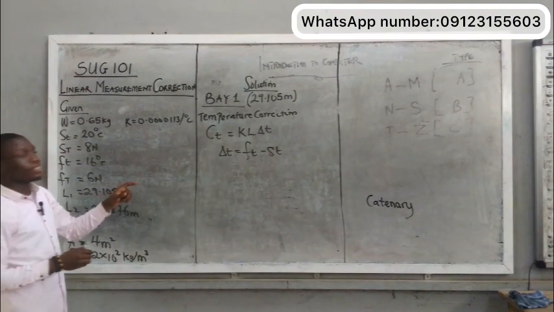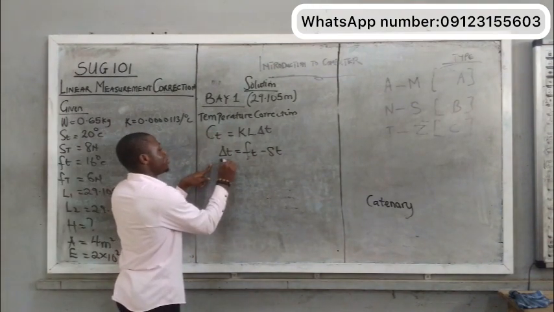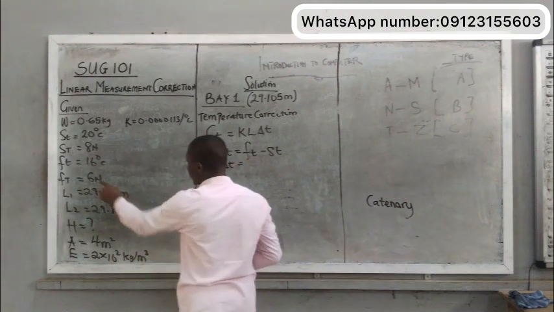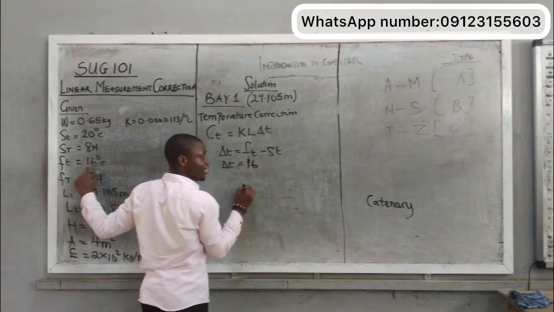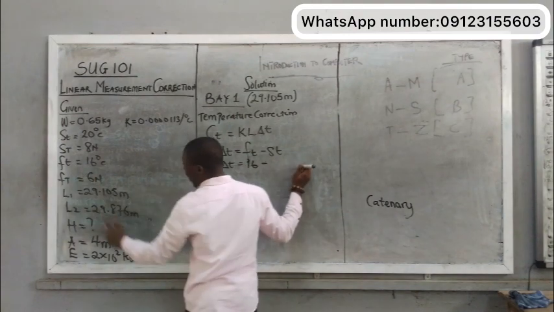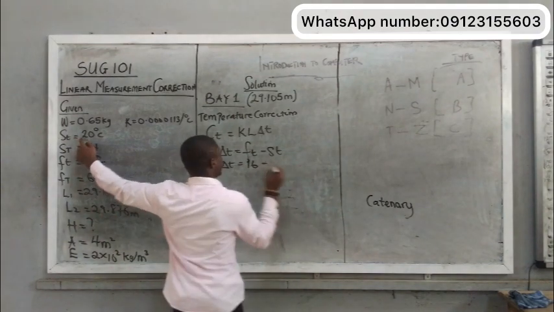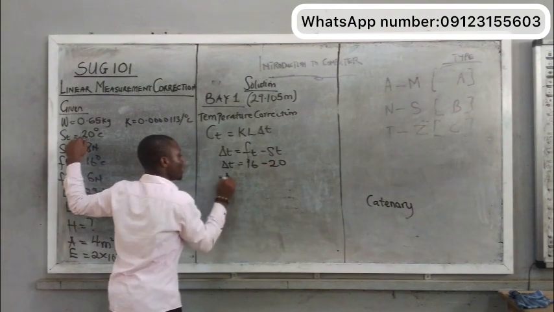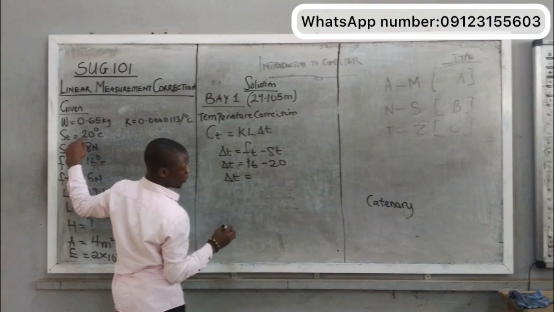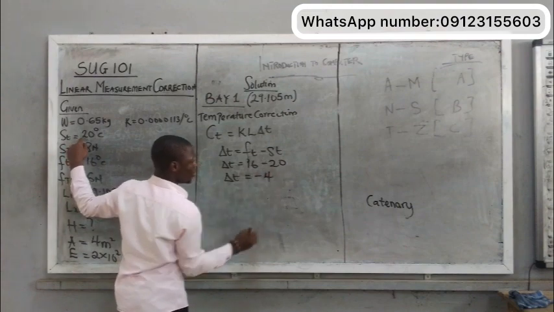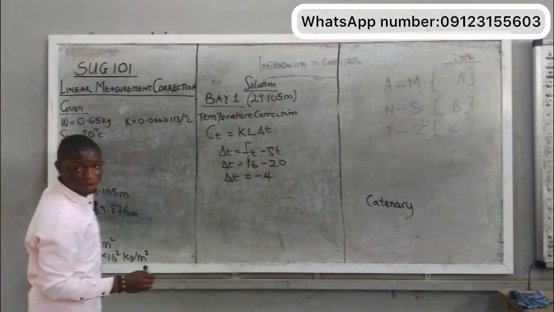Change in T is now FT, 16 degrees, minus ST, which is 20. Hence my change in T is minus 4. Yes, minus 4. Alright, my change in T is minus 4.